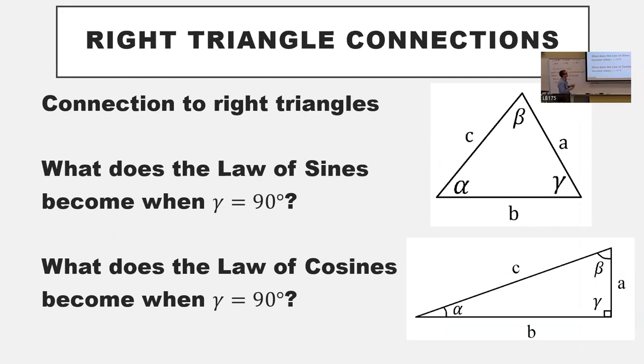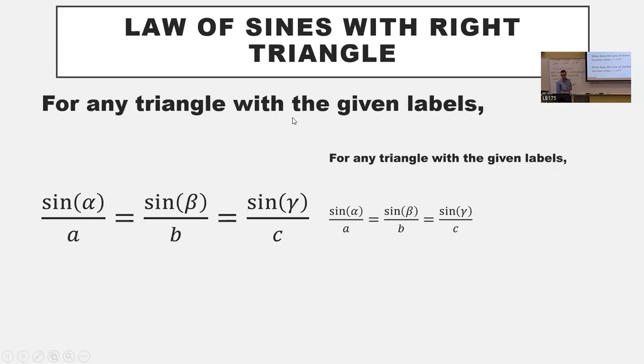Now, I won't go through the law of sines connection to right triangles, but in this last little bit, I do want to mention the connection for law of cosines and right triangles. All right.